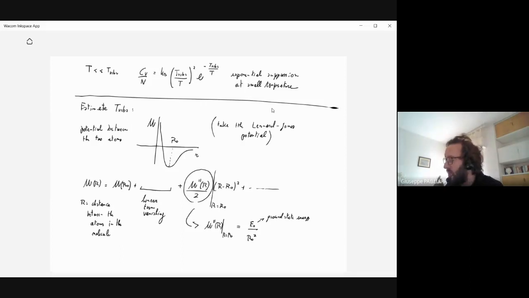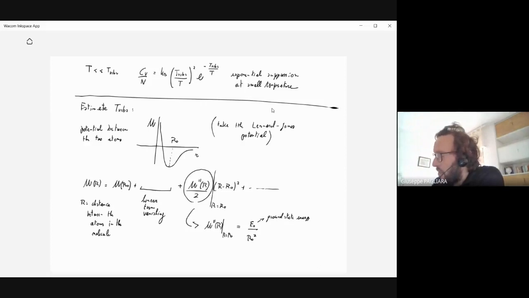Again, this is a back of the envelope calculation, just to fix the scales, but it actually provides results which are within the right order of magnitude.